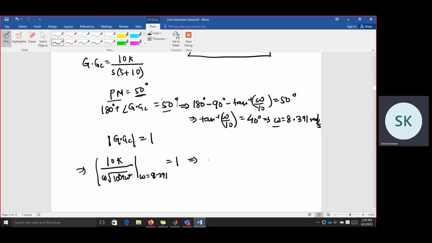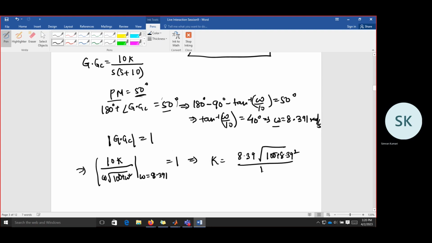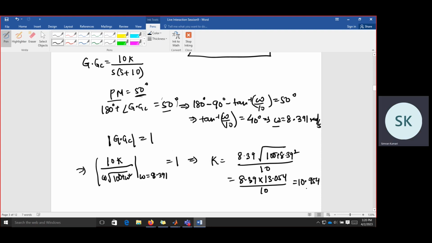Now we'll just solve it. So this would be K equal to 8.39 into root under 100 plus 8.39 whole square, divided by 10. This gives 8.39 into 13.054 by 10, which is equal to 10.954.